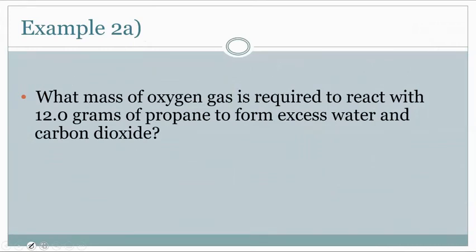So our next example question is, what mass of oxygen gas is required to react with 12 grams of propane to form excess water and carbon dioxide? So if I'm looking at this, I have my propane reacts with oxygen to produce CO2 and H2O.